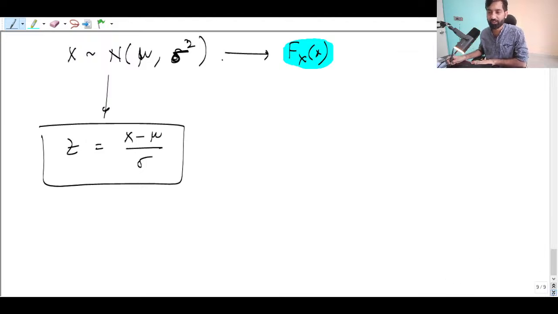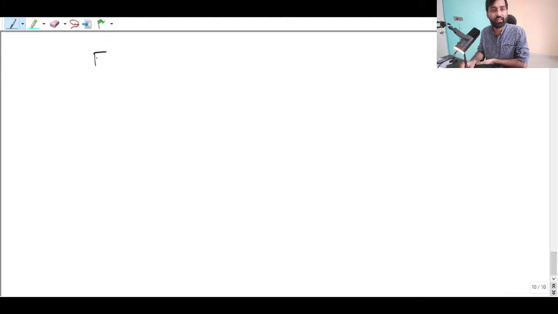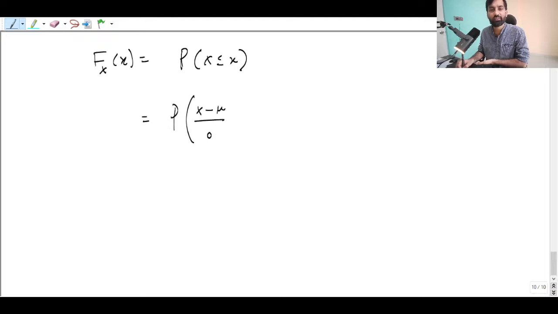By definition, F of x equals the probability that X is less than x. If you want to convert into standard normal, you subtract mu and divide by sigma, and here also you have to do the same thing on both sides. So small x minus mu by sigma.